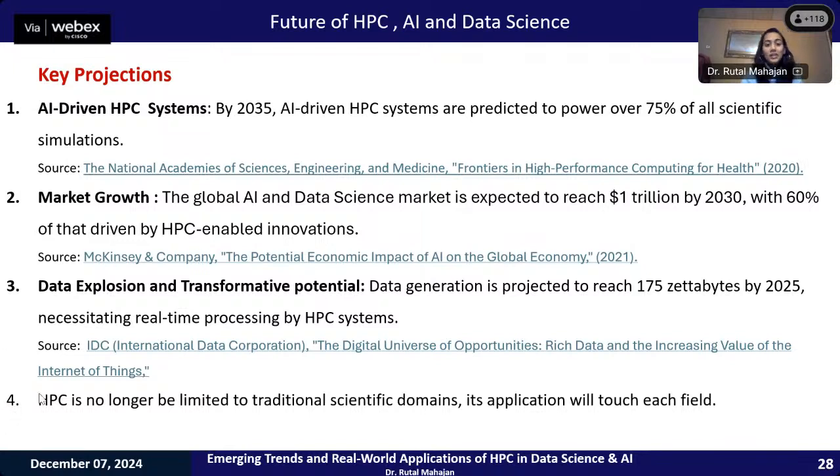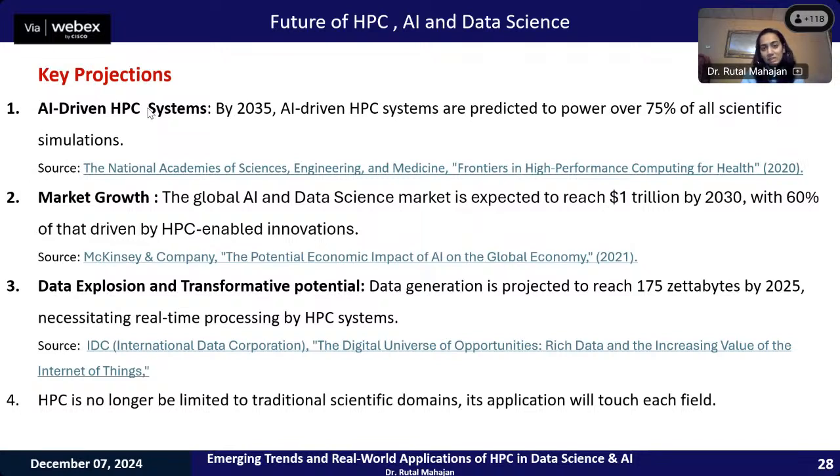Data explosion and the transformative potential regarding that, we can say that data generation is projected to reach 175 zettabytes by 2025, necessitating real-time processing by HPC systems. And this is predicted by the International Data Corporation.